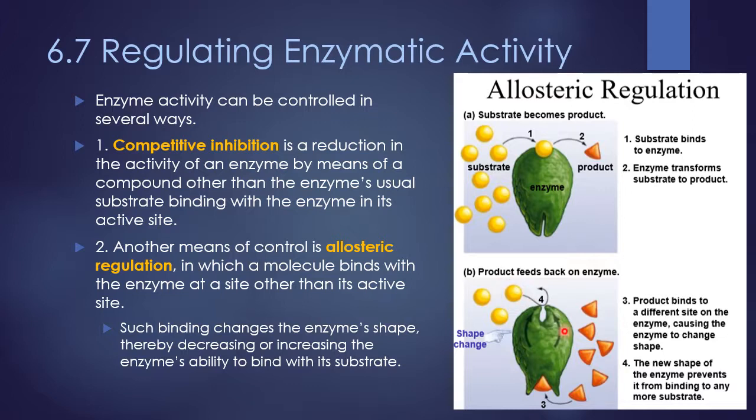The substrate just floats around waiting until that product goes away and the enzyme opens up and becomes the right shape again, and then that chemical reaction will occur. So these are two different ways that your enzymes can get plugged up, or change shape, so that those reactions don't occur when your body doesn't want them to. Then again, they will go back to their normal shape when your body needs a reaction to occur.